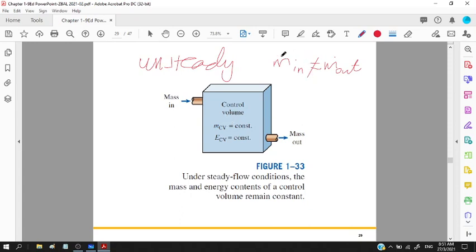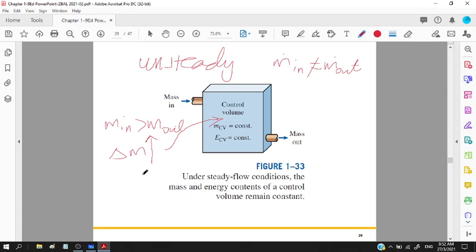If this is happening, it's a very dangerous flow device, because if the mass in is greater than the mass out, we have the delta M. The delta M will be left inside the control volume. So we are going to have an increase of delta M upon time.